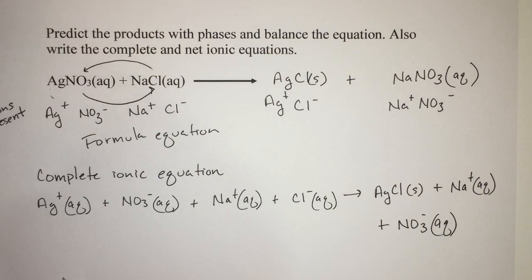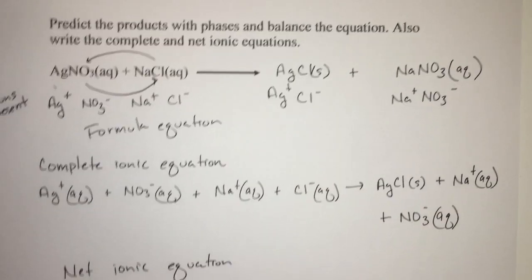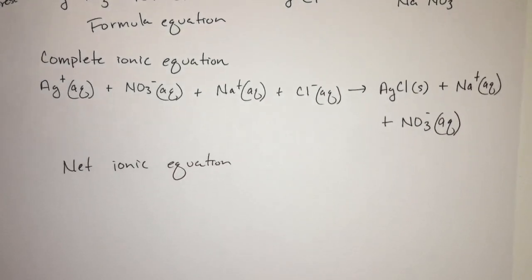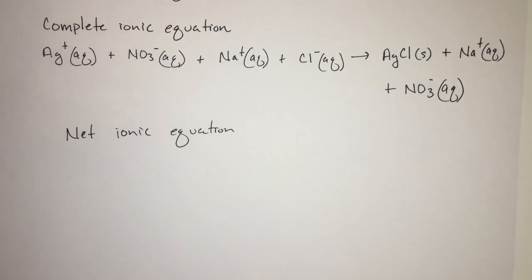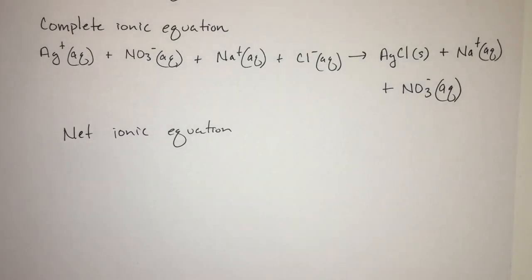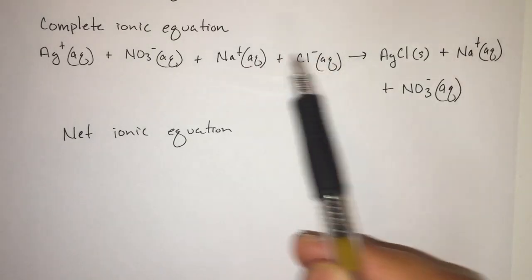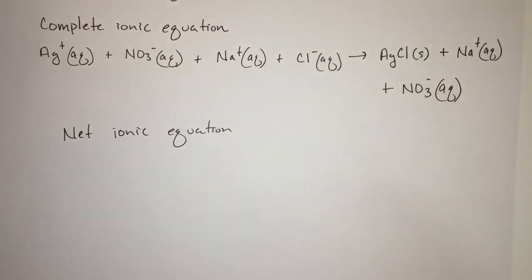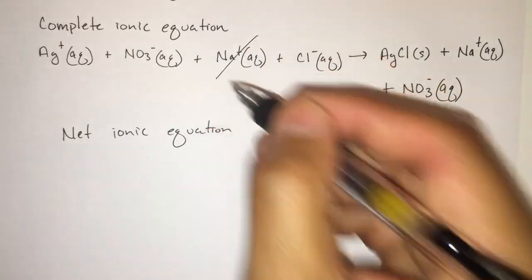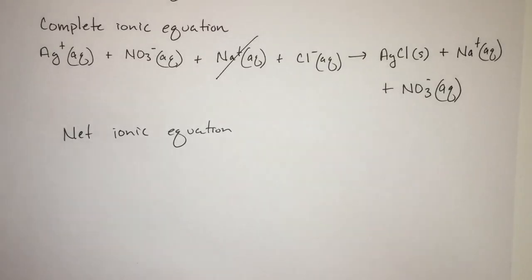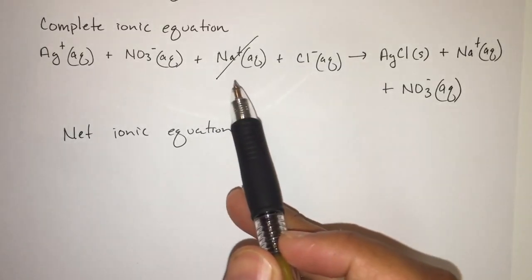Now, the net ionic equation. The net ionic equation, just like a math problem, is we cancel out what appears on both sides. Whatever's left over is the net. So look at the yield sign, and then on either side of the yield sign, notice what appears on both sides. The sodium aqueous is present on the reactant side.